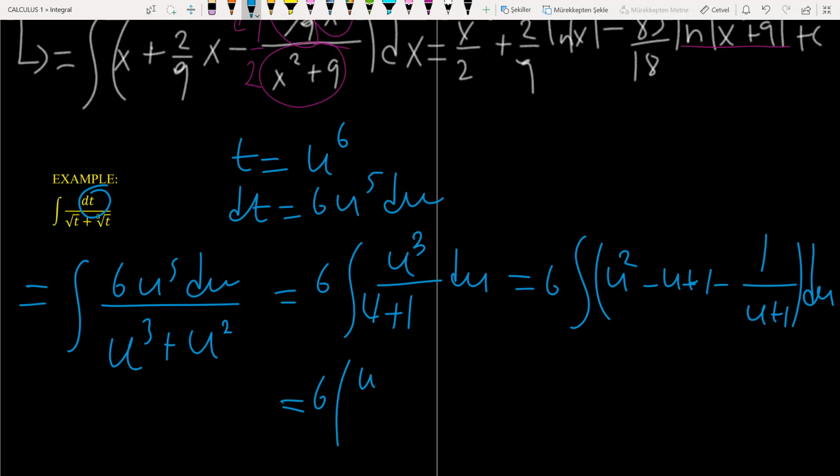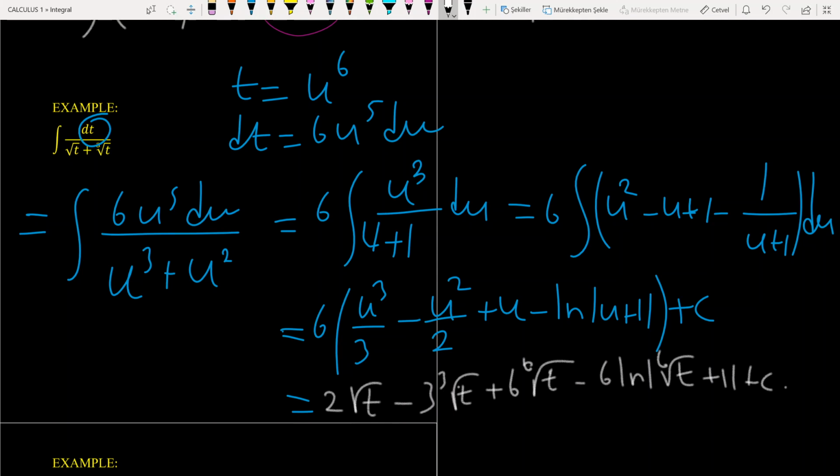We have u cube divided by 3 minus u square divided by 2 plus u minus ln of u plus 1, plus c, the final answer of the solution.